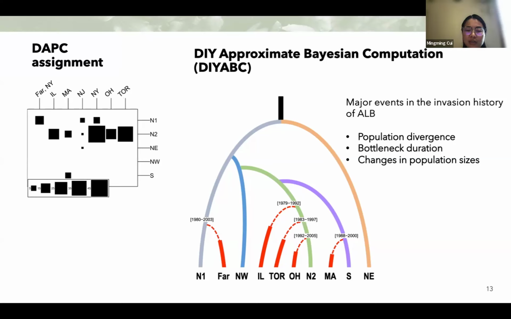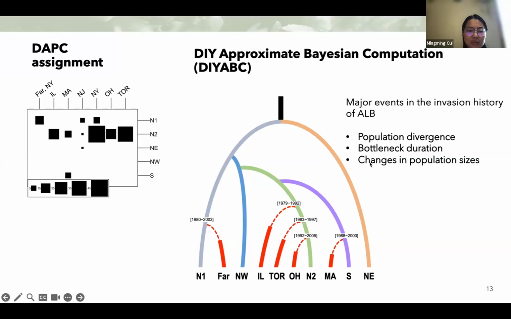And by using DIYABC, we can test these scenarios and estimate parameters for inferring invasion history. In our analysis, the New Jersey and most New York samples were excluded because previous studies have suggested that simpler models yield more accurate estimations in this analysis.